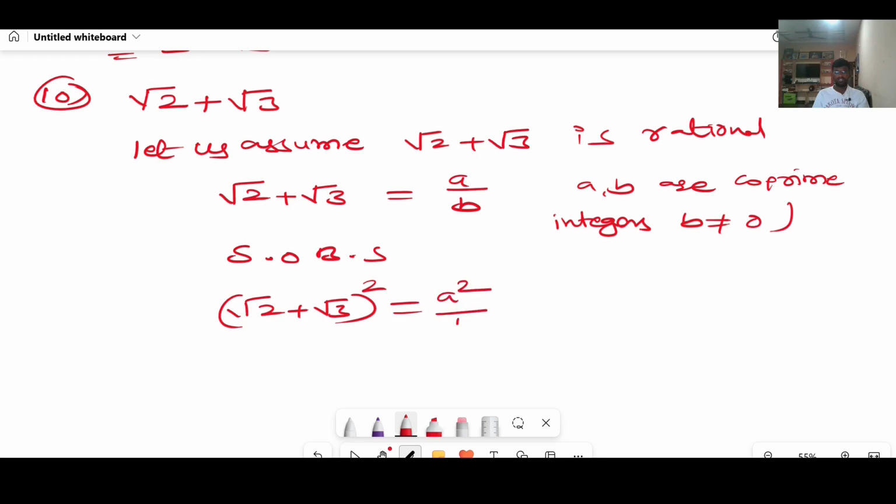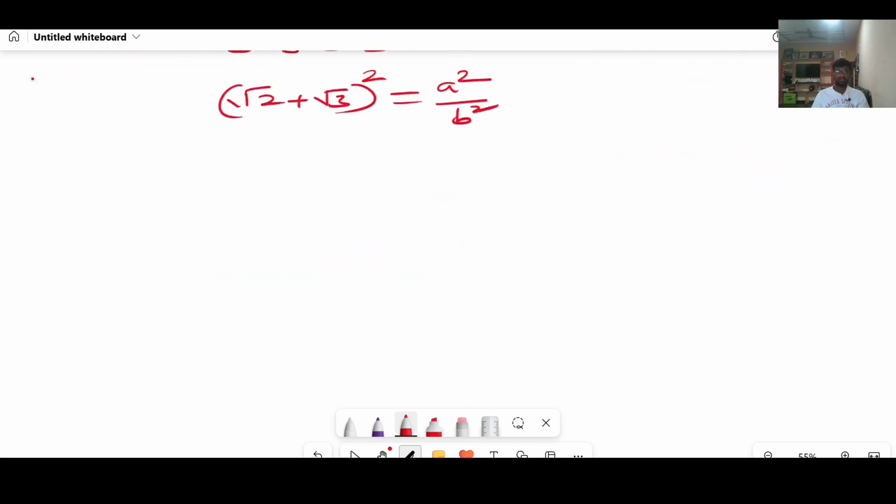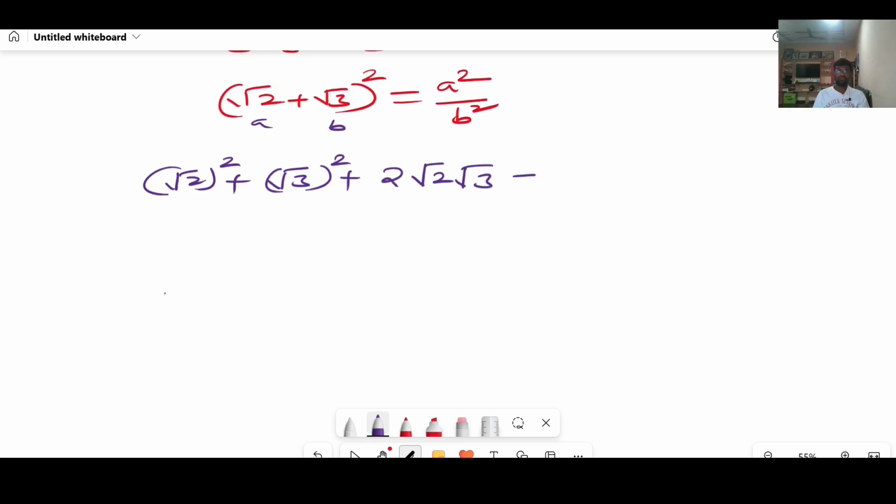That gives us a square by b square, right? Here root 2 plus root 3 whole square means a plus b whole square, which is a square plus b square plus 2ab, right? A square means root 2 whole square, b square means root 3 whole square, plus 2ab means 2 into root 2 into root 3.